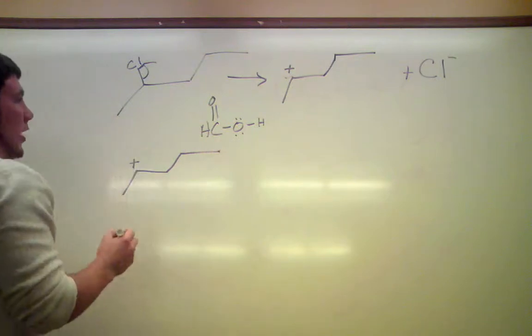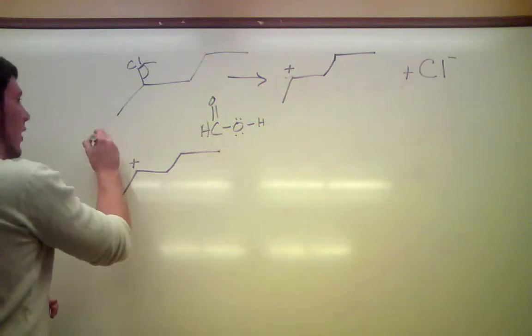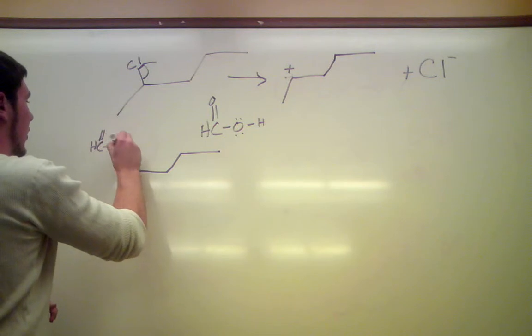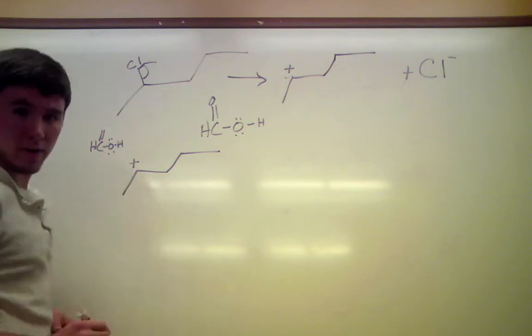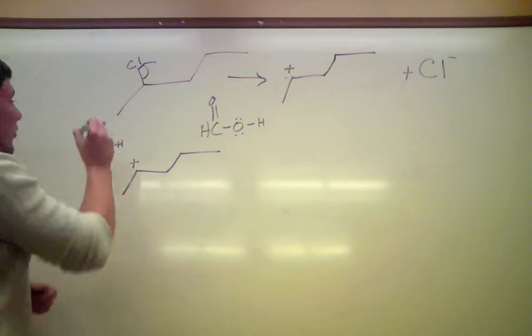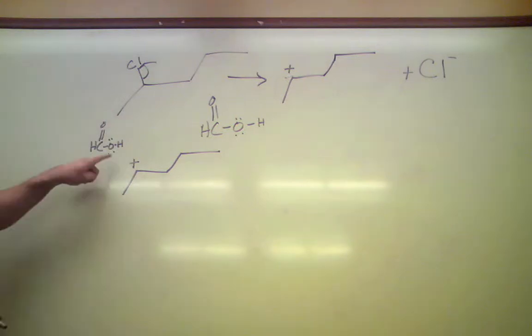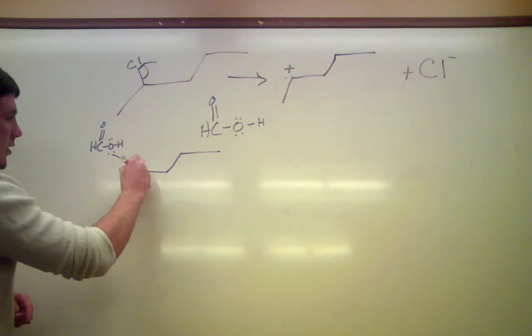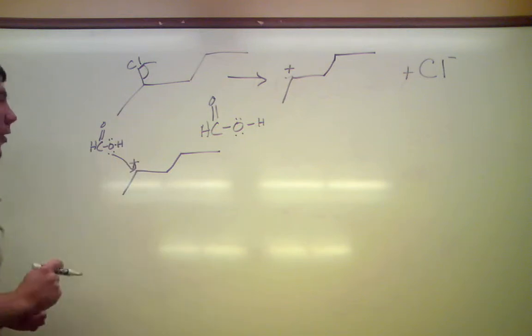The SN1, what's going to happen is we've got this, the formic acid, and it's actually going to attack this electrophile here.